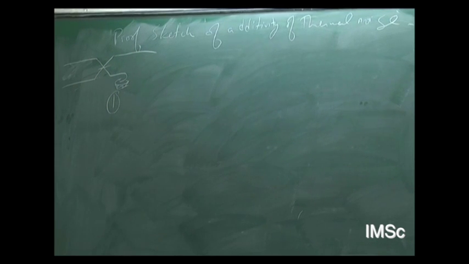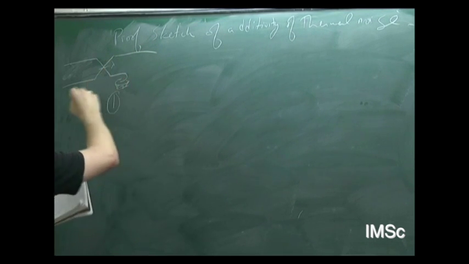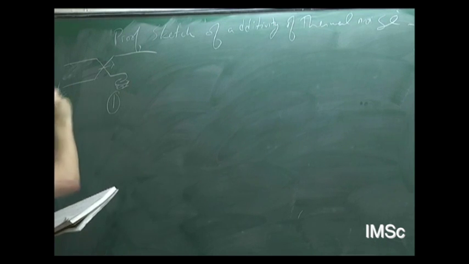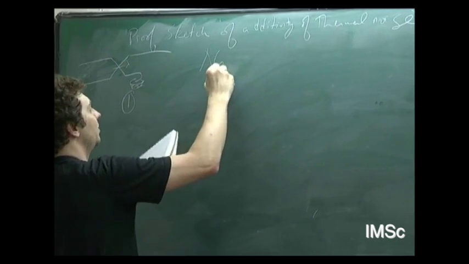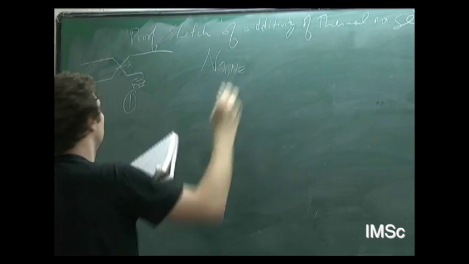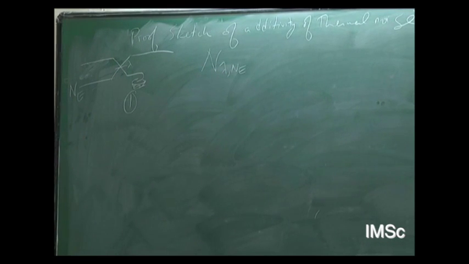Okay, so we'll call the thermal noise channel with mean photon number in the environment NE and transmissivity lambda, N sub lambda NE.